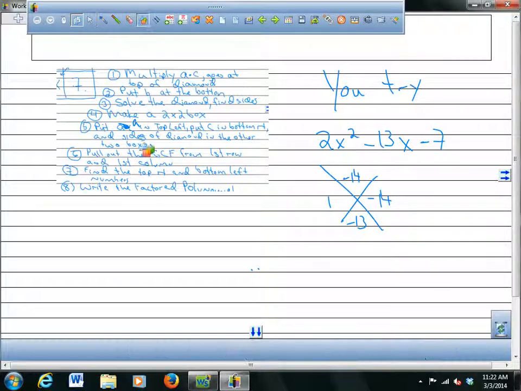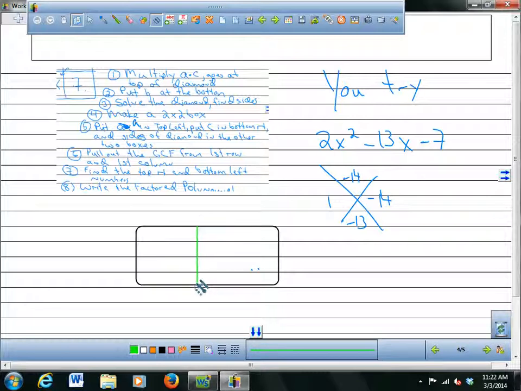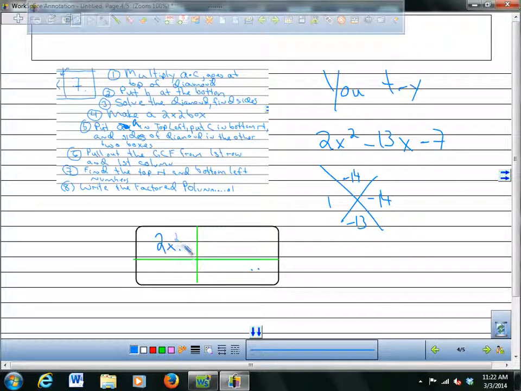Then I'm going to make my box, like this. I'm going to put in a 2x squared here. I'm going to put a -7 here. I'm going to put an x and a -14x, okay? And then I'm going to pull out 2x from here. I'm going to pull out 1x from here.